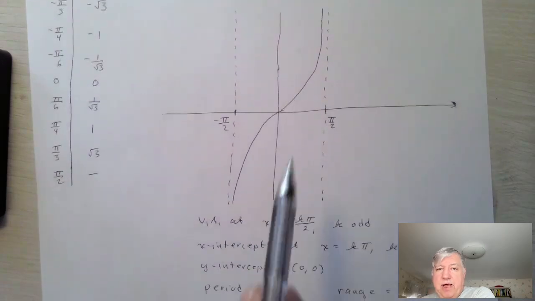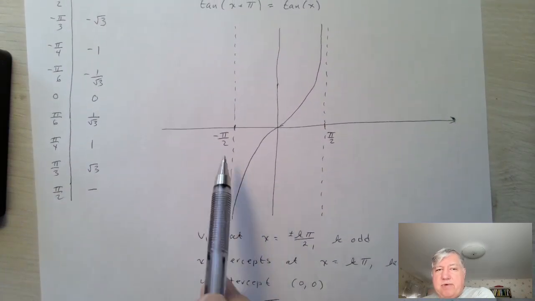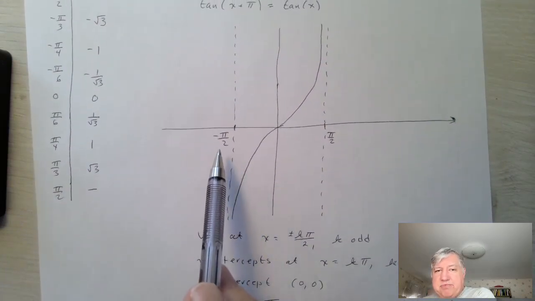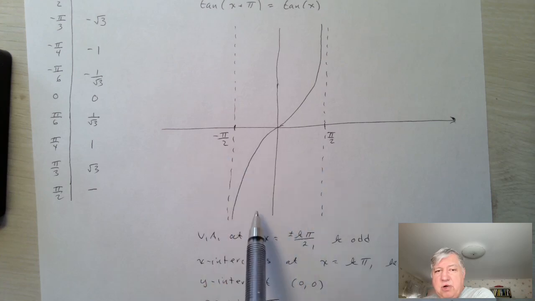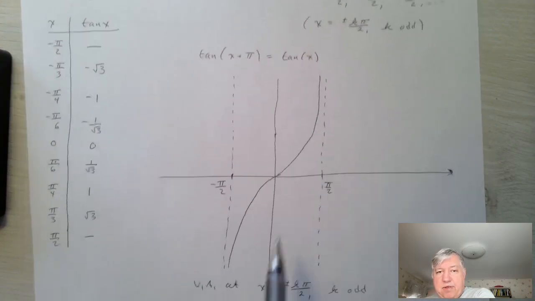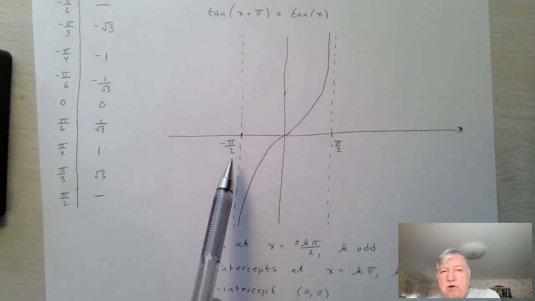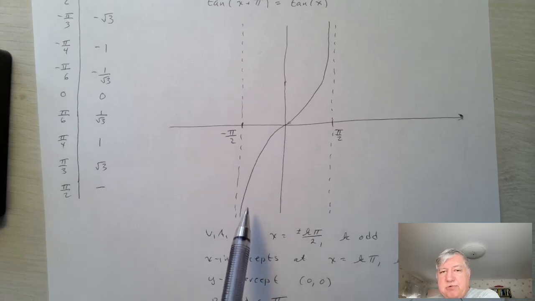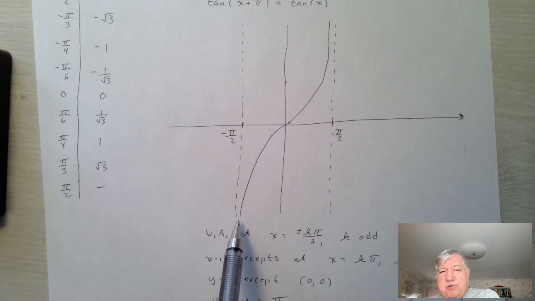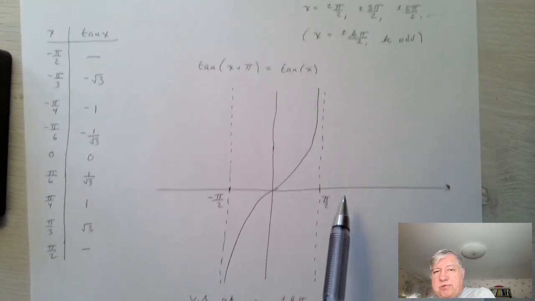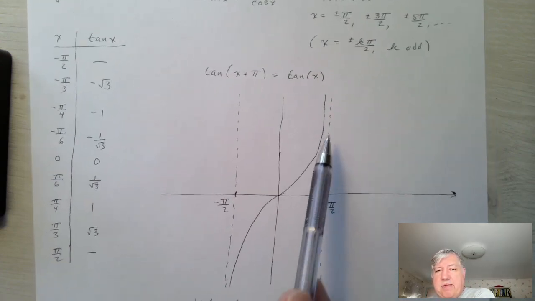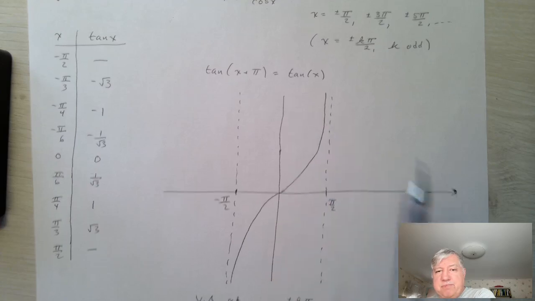So the graph of tangent x from negative pi over 2 to pi over 2 looks like this. We have a vertical asymptote at negative pi over 2, and on the right side of this asymptote, the graph shoots down. And at pi over 2, to the left of that, the graph shoots up.